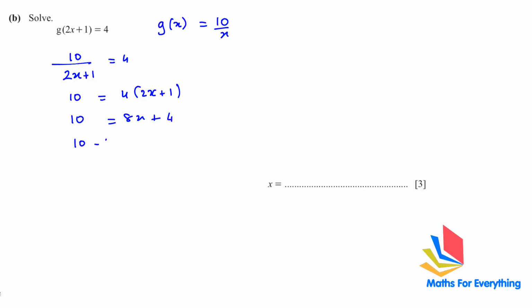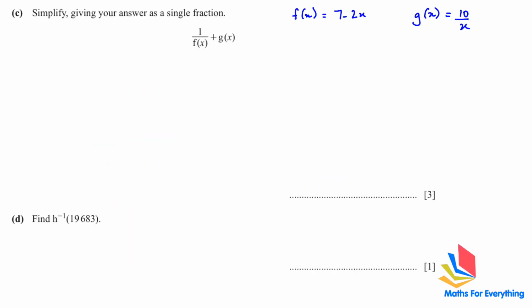The positive 4 when we bring to the other side will be negative, so 6 is equal to 8x. Divide the 6 by 8 and you will get 0.75 is x. So x is equal to 0.75.